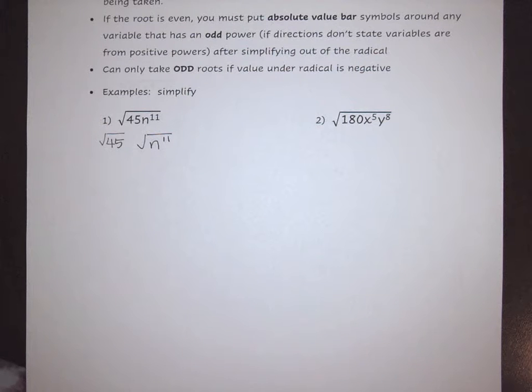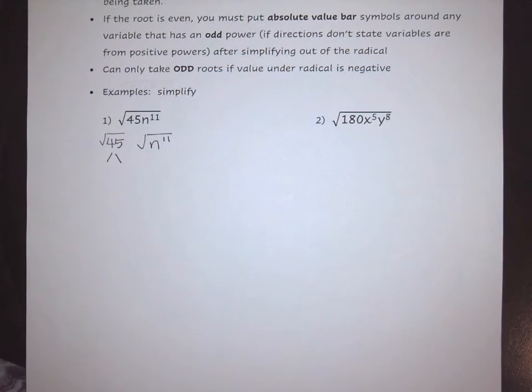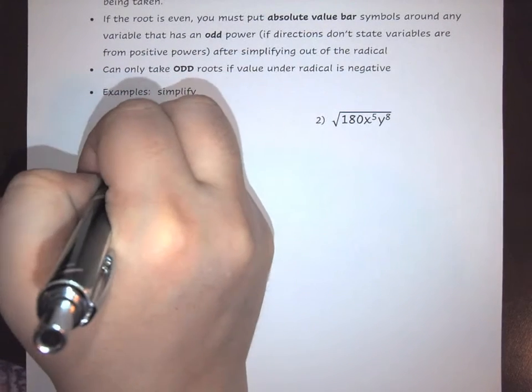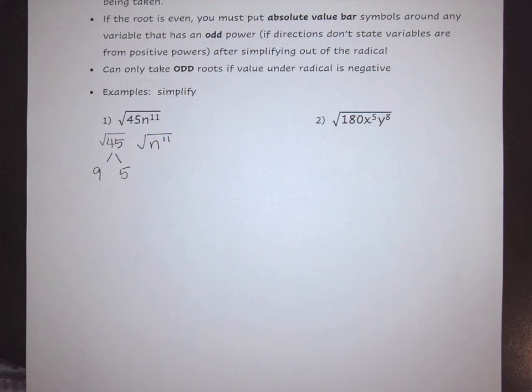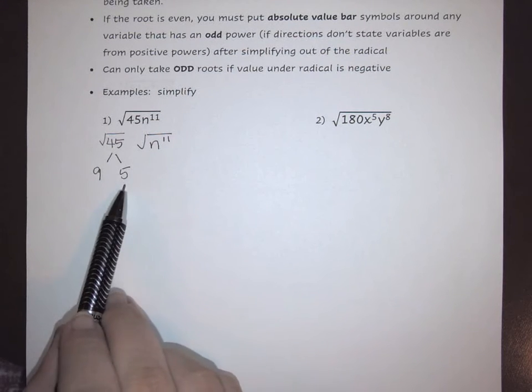So let me show you how we would do it if we broke it down using the easiest combination, or factors, we know. When we look at 45, immediately what usually comes to mind is that 45 is the same as 9 times 5. So I'm going to write them in factored form. Now if I look at this, my index is a 2, which means I need groups of 2 identical terms. Here I have a group of 2, but notice they're 2 different terms.